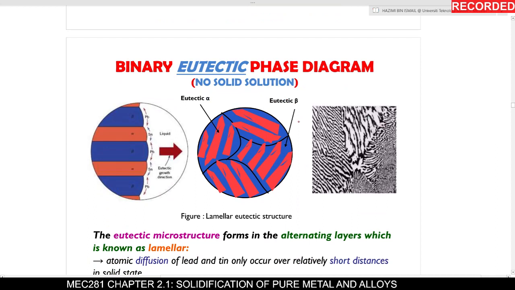This is the microstructure eutectic diagram, the lamellar eutectic structure here. The red zone is represented by the solid alpha, and the blue one is the solid beta. So this is the lamellar eutectic structure.